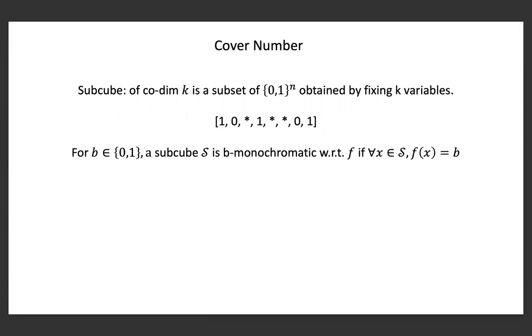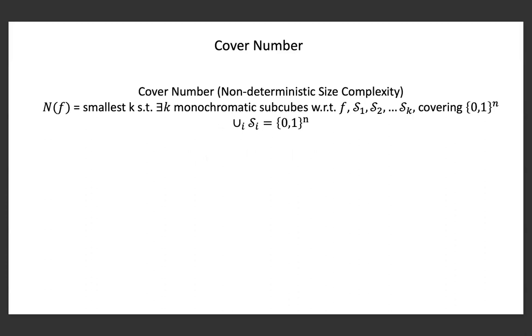And we say a subcube is monochromatic with respect to a Boolean function f if for every input x in it, the value of the function is the same. Now we define the cover number. The cover number for a function f is the smallest k such that there exist k monochromatic subcubes with respect to f which span the whole space, which cover the whole space.